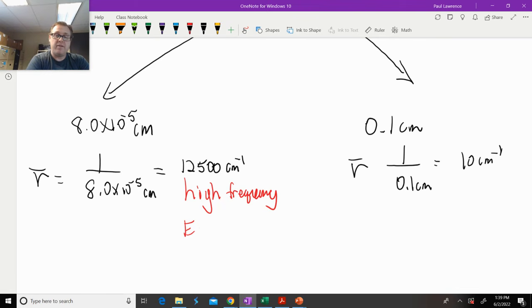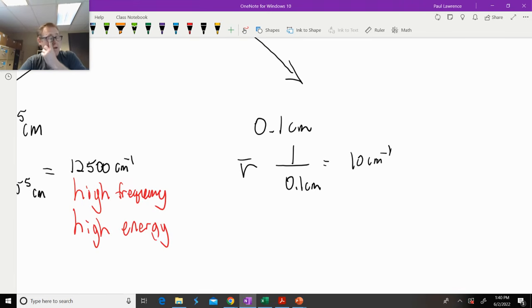So if that's high frequency, then this wave number is representing a photon of light that is high in energy. Whereas the wave number on the right is going to be low frequency and low energy when you're comparing these two.